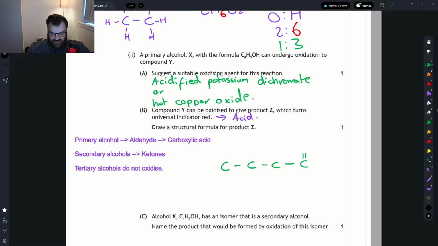So when it comes to carboxylic acid, it has to be C double bond O, OH on the end. So we have got butanoic acid, and we'll pick up the mark there. Just rearrange these, more correctly drawn at a little angle. A little bit more awkward, but that's what we'd have.